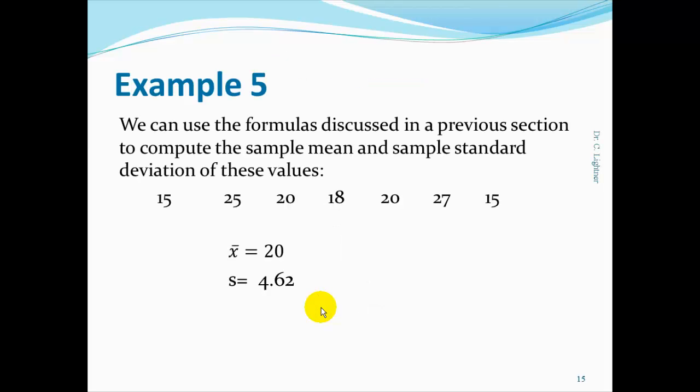You should return to the sections on computing means or standard deviations in order to compute the mean and the standard deviation for this data. If you use the formulas in these sections, you'll find that the sample mean for this data is 20 and the sample standard deviation is 4.62.